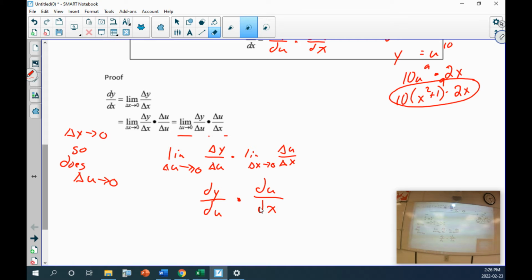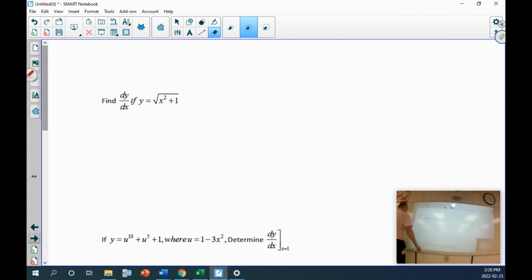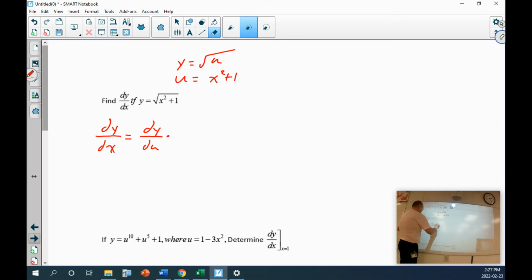I think of the chain rule as take the derivative of the original function times the derivative of what's inside the function. So here we can think of this as y is equal to the square root of u, and u is equal to x squared plus 1. dy dx is equal to dy du times du dx.